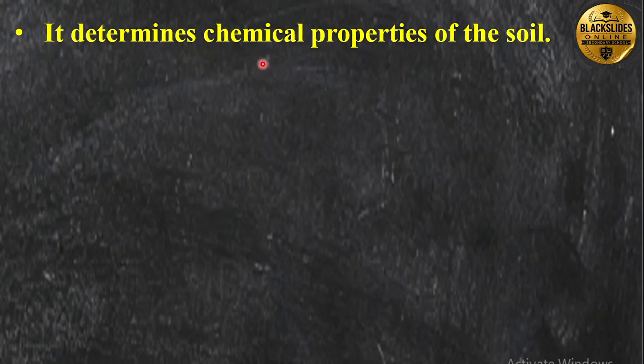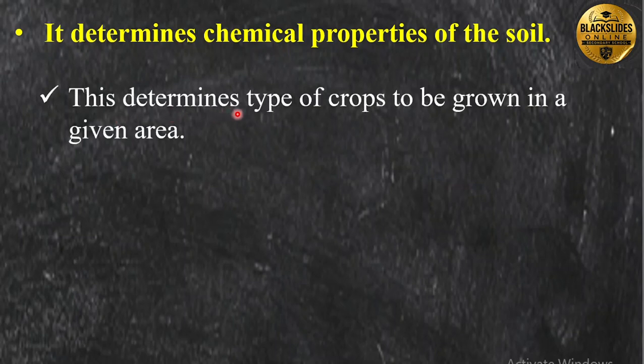So pH determines the chemical properties of the soil. Alright, this decides the type of crops to be grown in the given area. So soil pH will determine the type of crops to be grown in a given area.